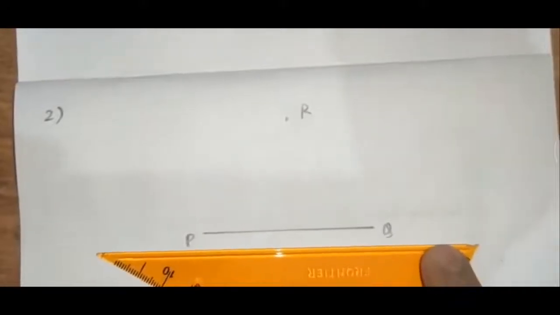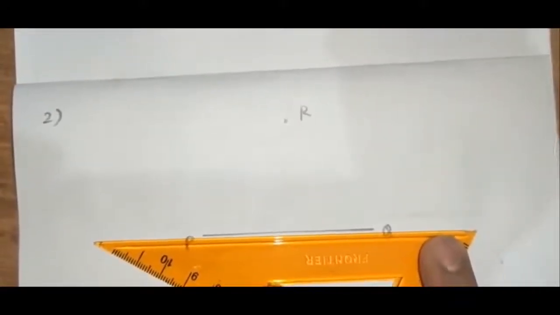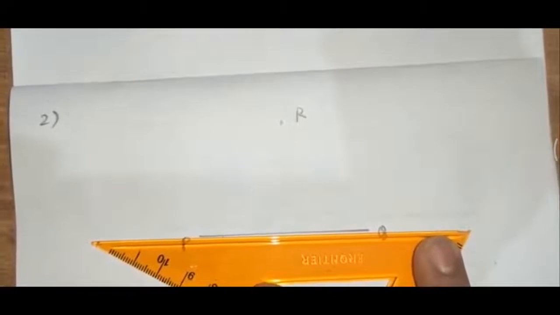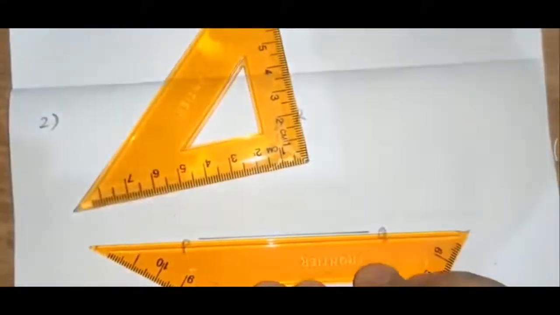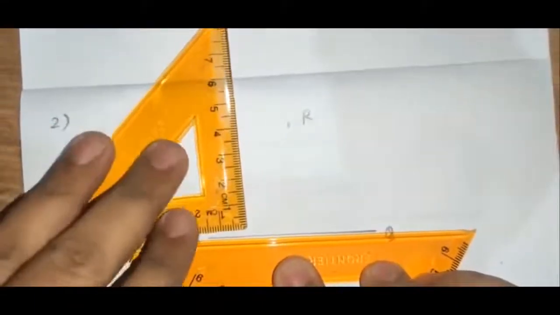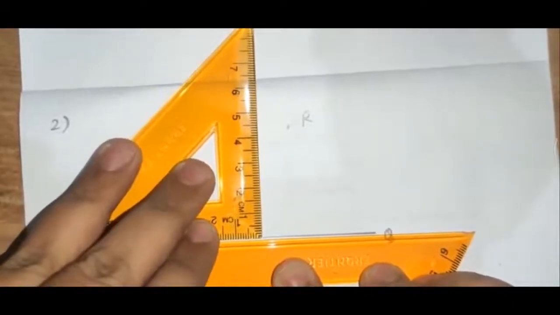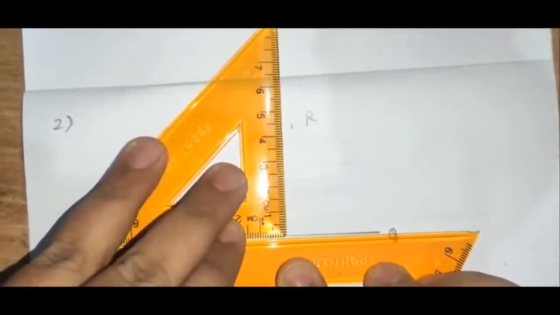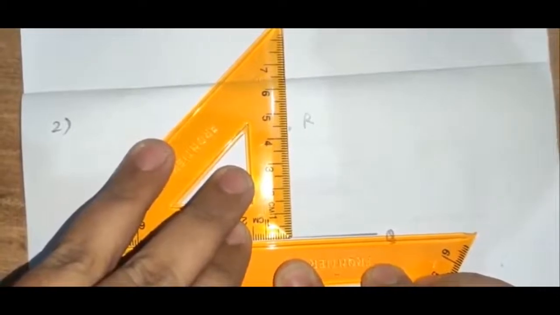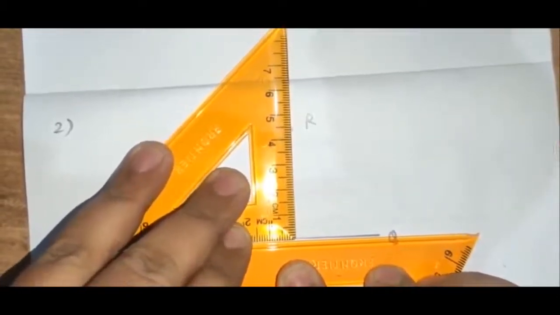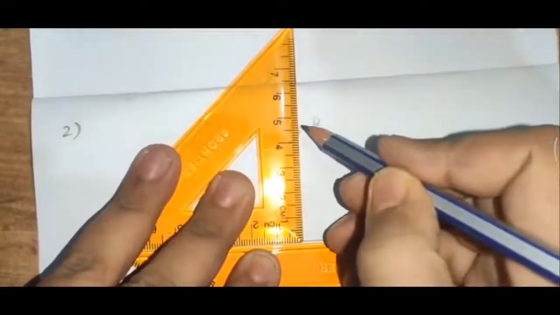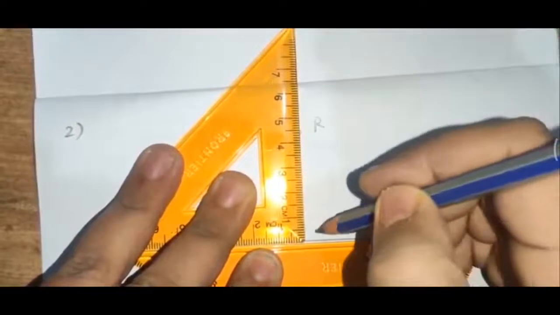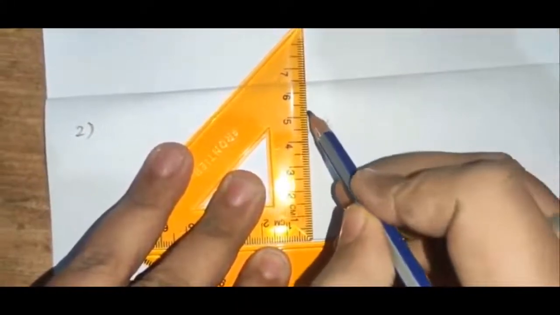So how to put the set square? Look here. This set square you will put like this below the line properly, and the other set square you are required to put like this here. Then come forward to the point R. Now without disturbing the set squares, you will draw a line like this.